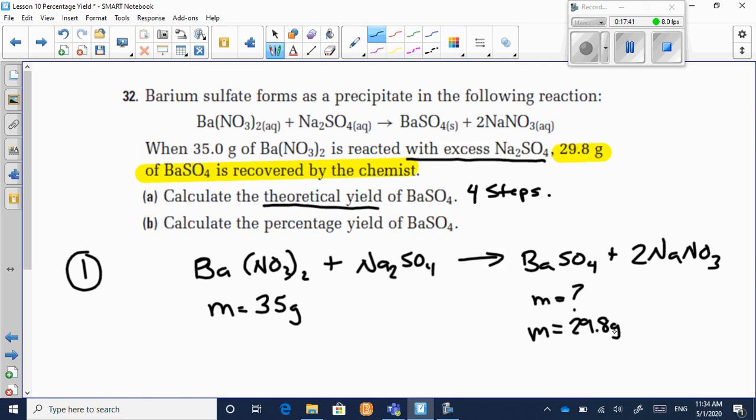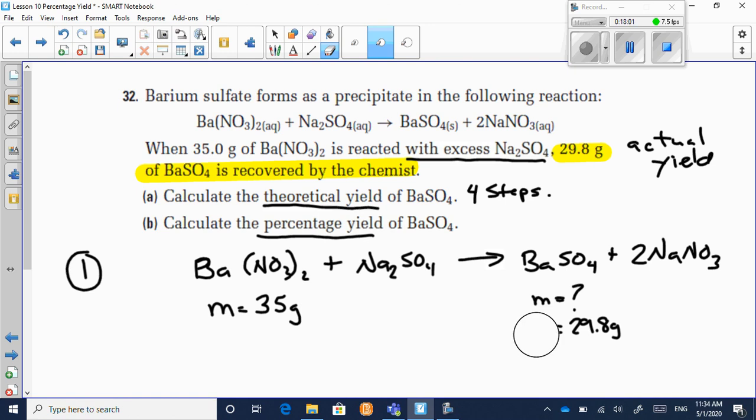But I want you guys to see that that's the actual yield. That 29.8 grams is the actual yield. And so we're going to need that as we calculate the percentage yield in part B, but it's not the theoretical yield. So I am going to get rid of that.